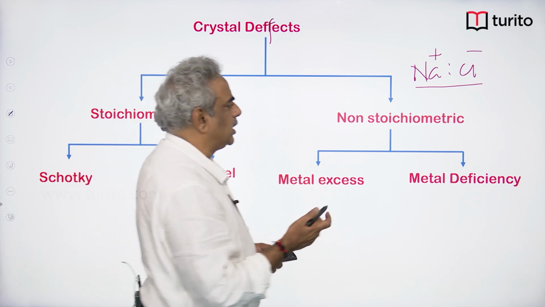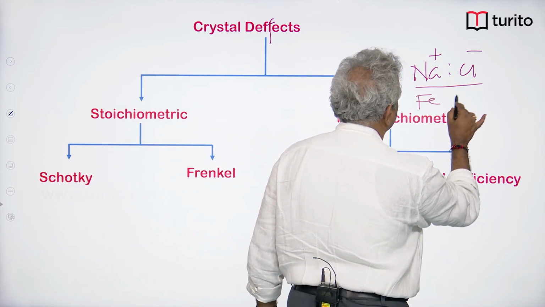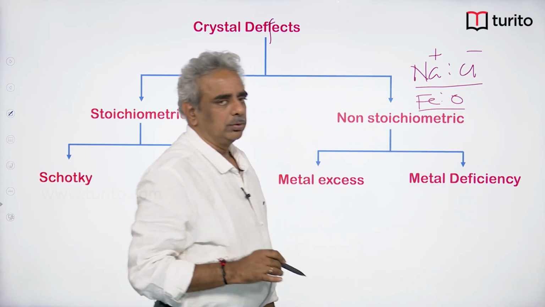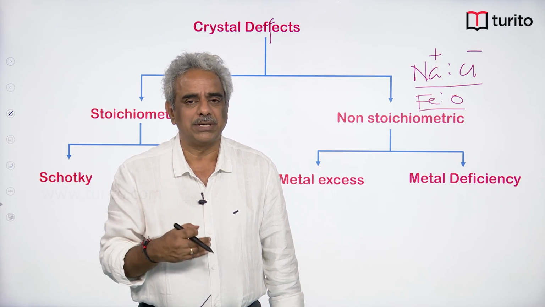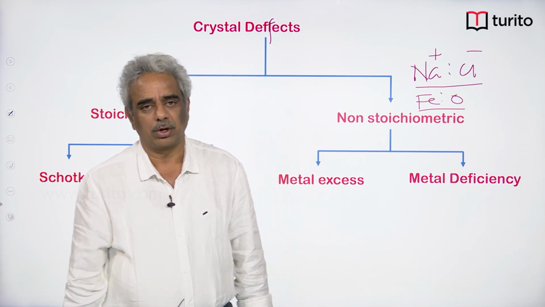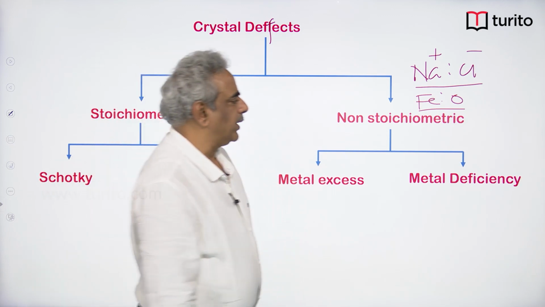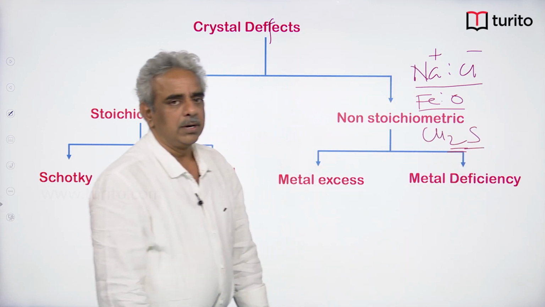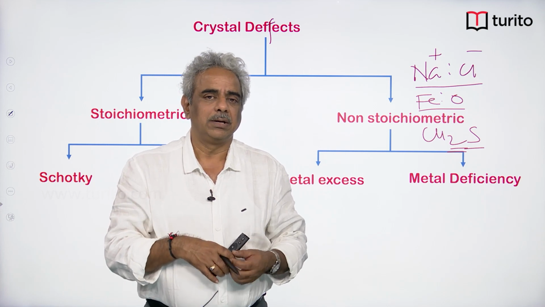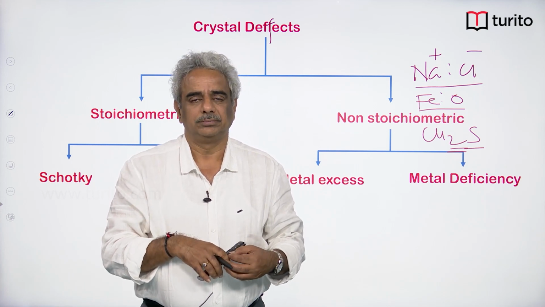In ferrous oxide you have iron and oxygen in 1:1 ratio. If in a crystal there is less iron and more oxygen, then it is non-stoichiometric. In copper sulphide, Cu2S, there should be 2 coppers and 1 sulphur. Suppose that ratio is not maintained, that is non-stoichiometric.